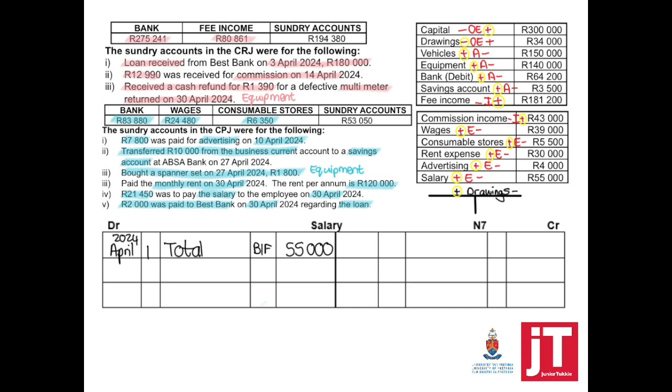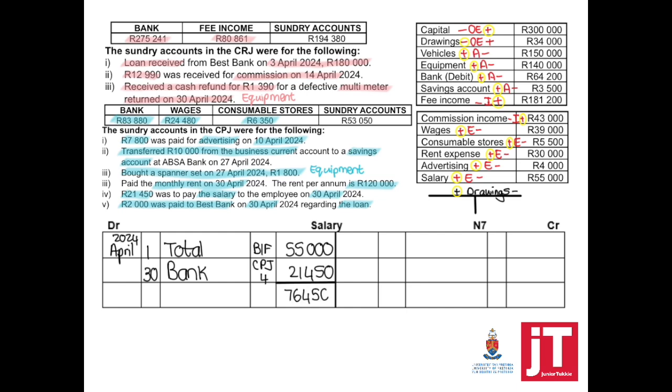This means now that my salaries, a payment was made, bank will be credited, salary will be debited on the 30th, details bank, CPJ, and the amount 21,450. There's nothing else that happened with my salaries.